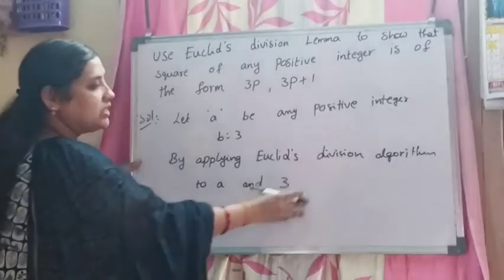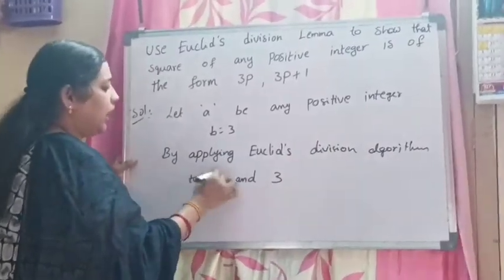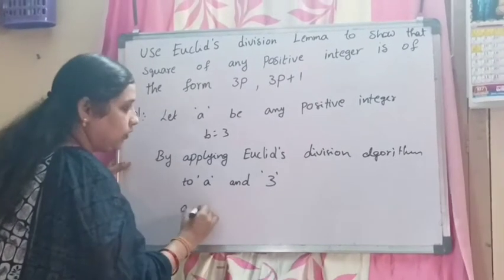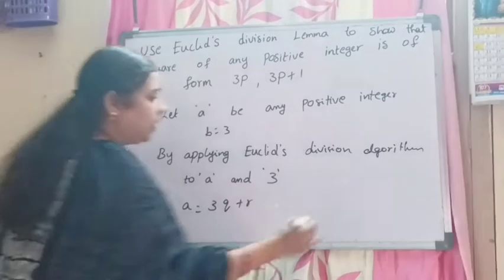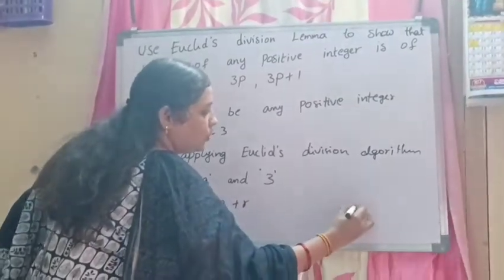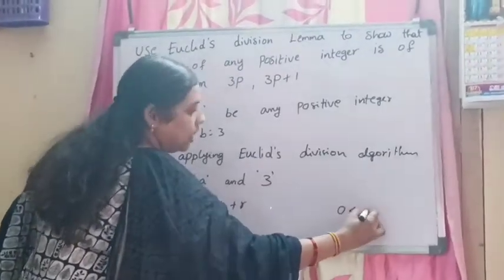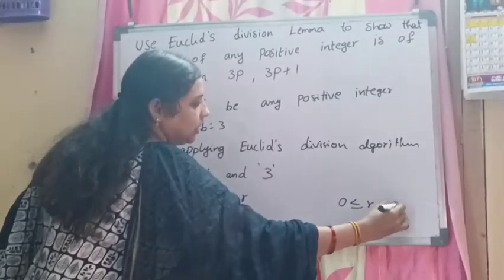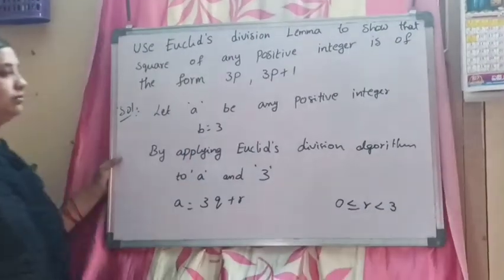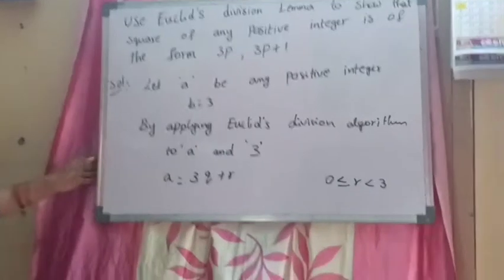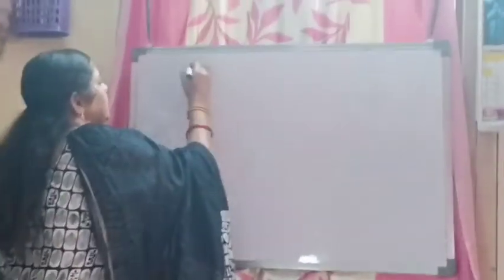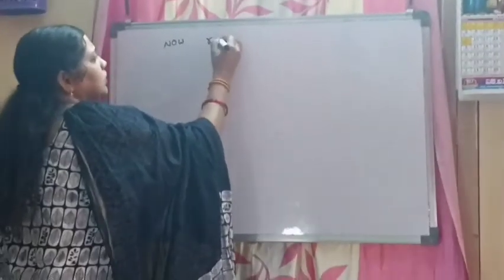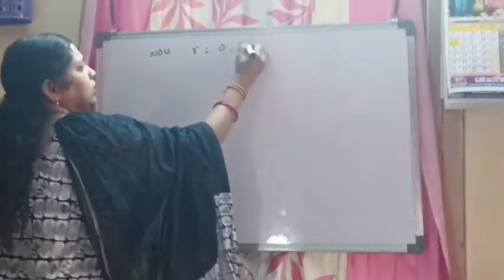By applying Euclid's division algorithm to a and 3, then a is equal to 3q plus r, where r is 0 is less than or equal to r is less than 3. Now consider r is equal to 0, 1, 2.